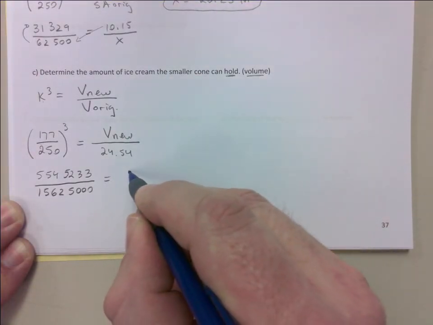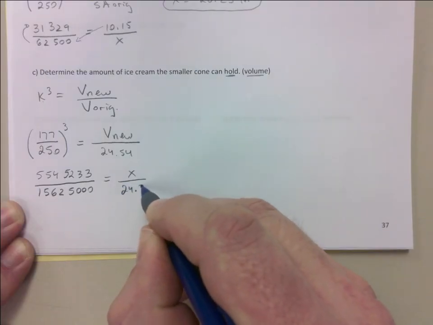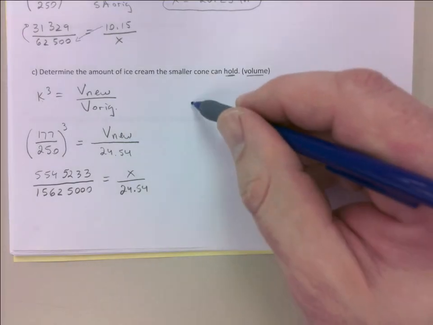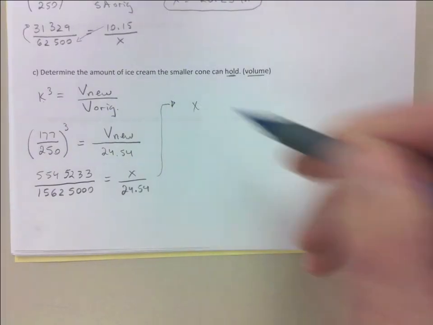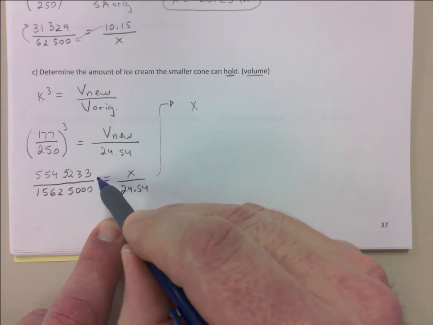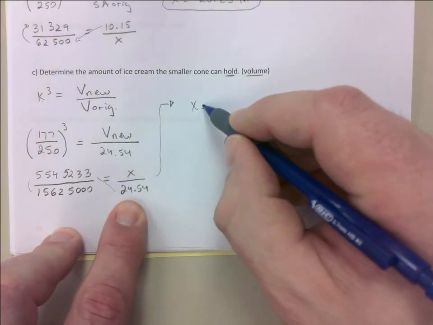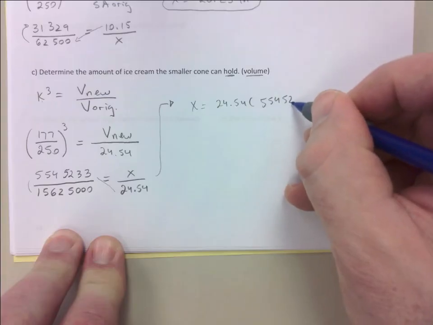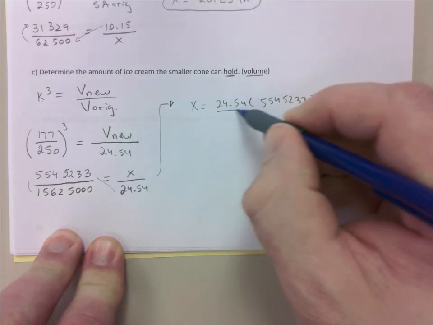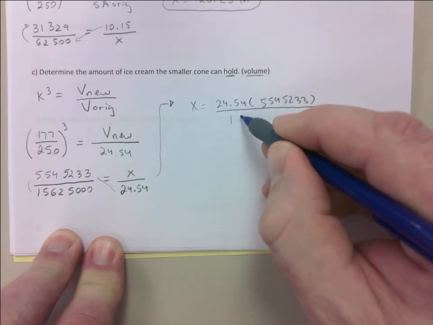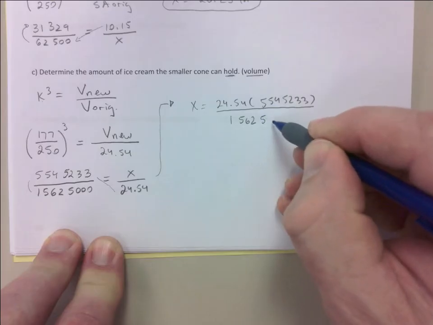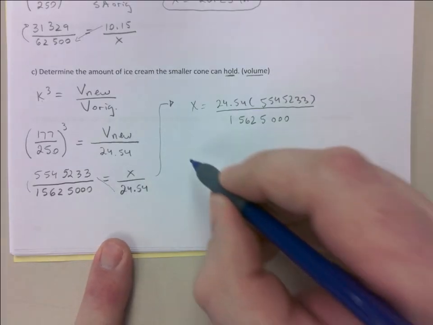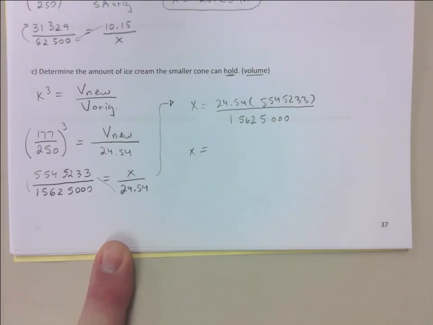Is equal to x over 24.54. X is, right, a cross multiply and divide. Big numbers, but we've got a big calculator.